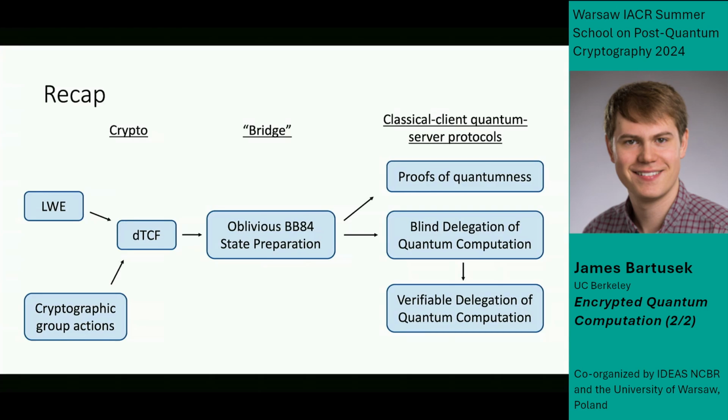So what this is saying is if we can somehow design a way for a classical client to set up an instance of the uncertainty principle on the server system, we can then bootstrap that ability to construct all of these desirable classical client protocols like blind, verifiable delegation, and so on. Okay. Good. So this is really what I wanted to say.